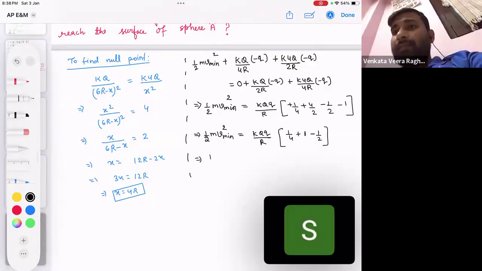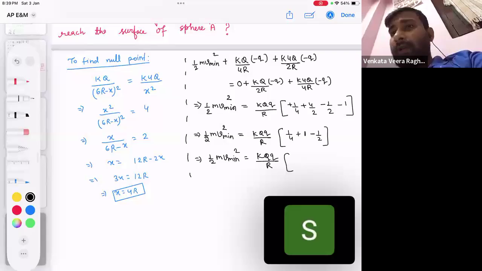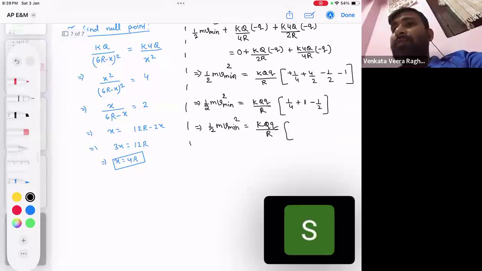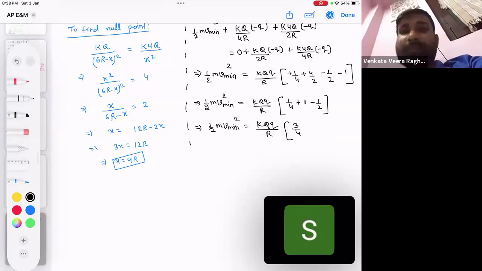Okay, so half m v minimum squared into 1 by 4 plus 1. So 1.25 minus 0.5 is 0.75. That means 3 by 4, right?